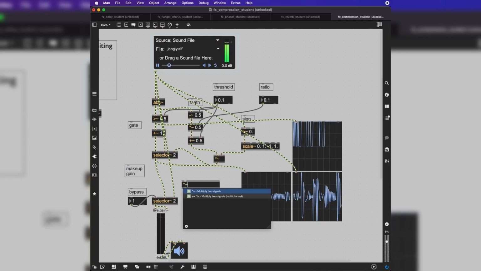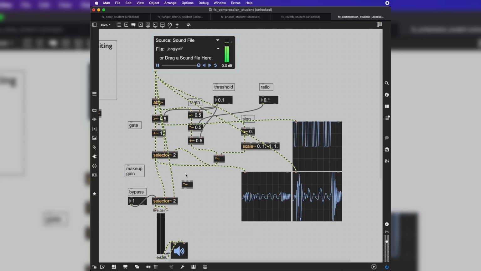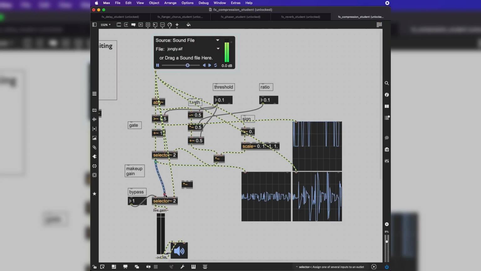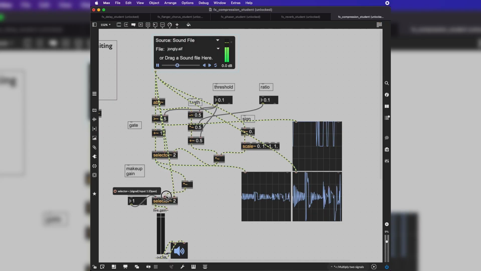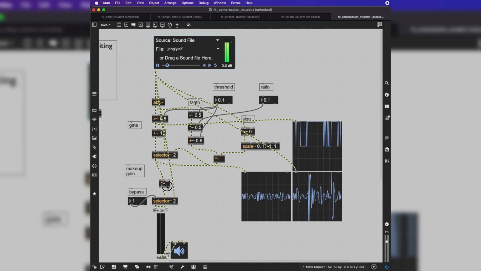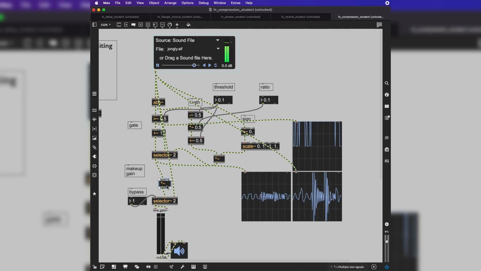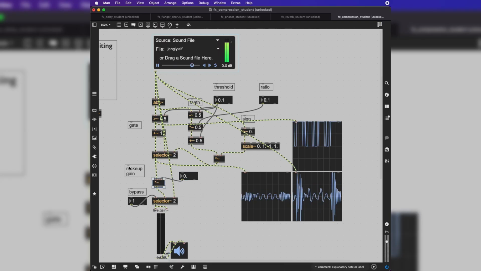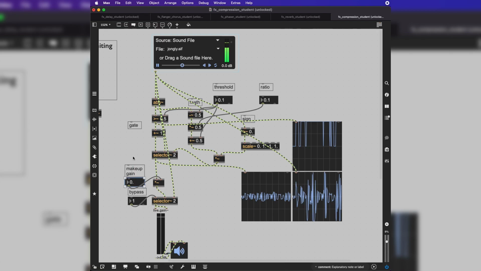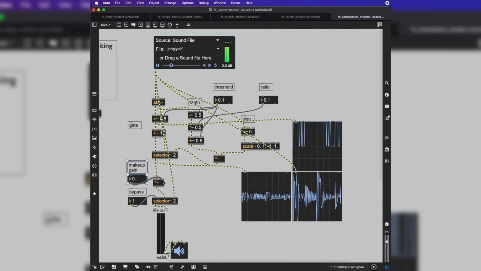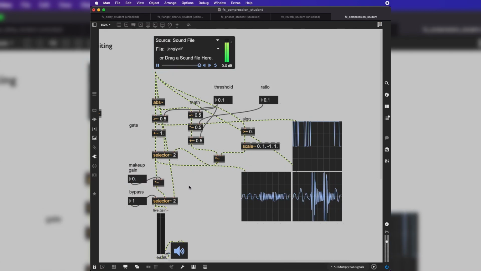When you compress something and then raise its level, the quiet parts become louder and the loud parts become quieter, and then we take everything up, so everything is kind of louder. So the loudness becomes more steady, even though the signal amplitude could be less.